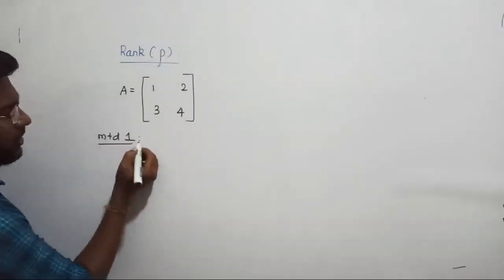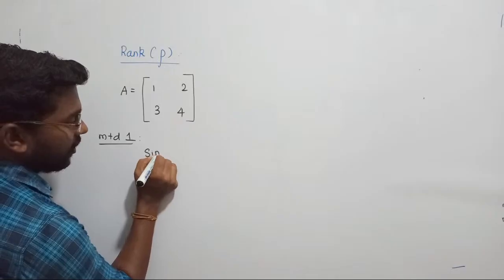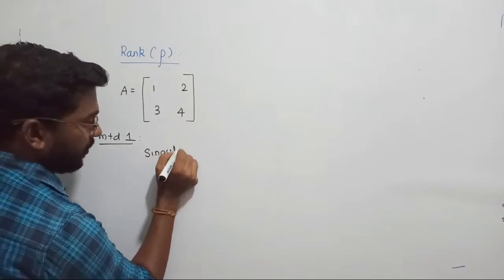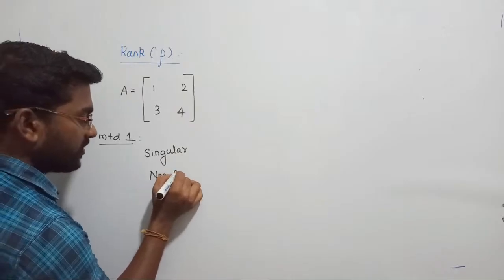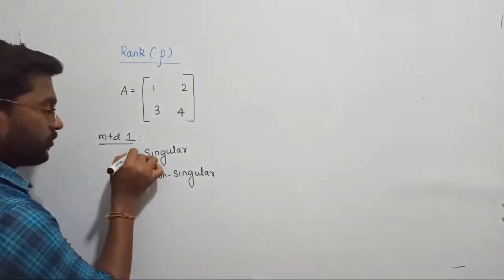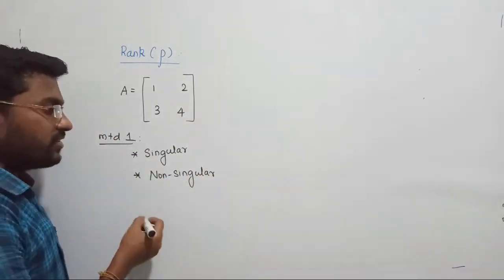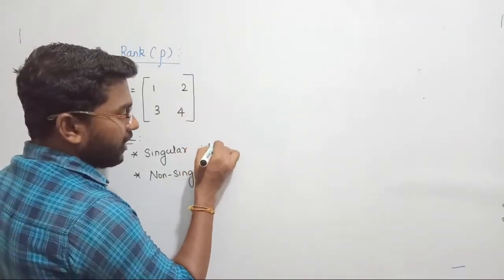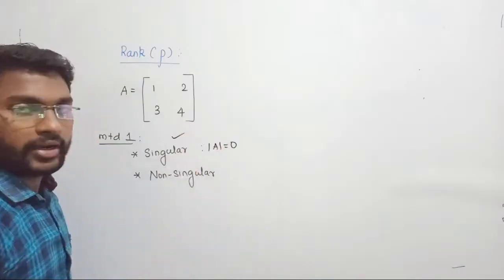In method number 1, we have to check whether the given matrix is a singular matrix or a non-singular matrix. I hope you all remember, when I was talking about singular and non-singular matrices, I told you that if the determinant of the matrix is 0, then that matrix is called a singular matrix.